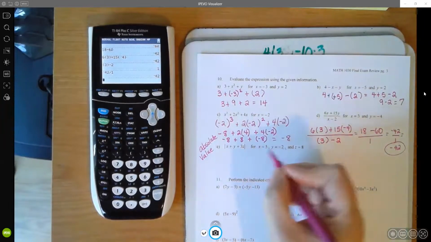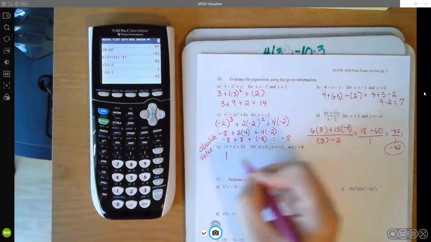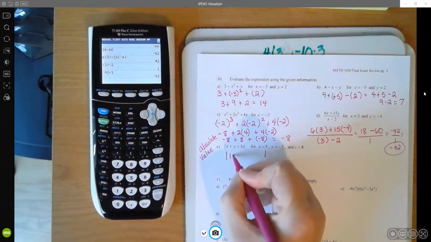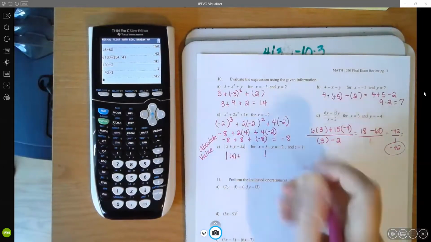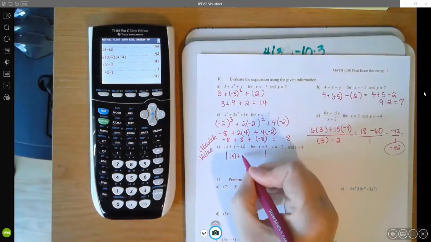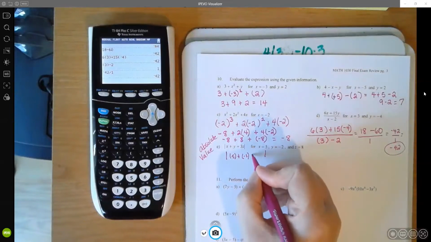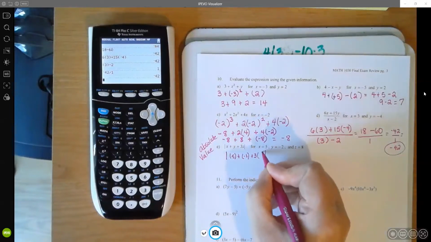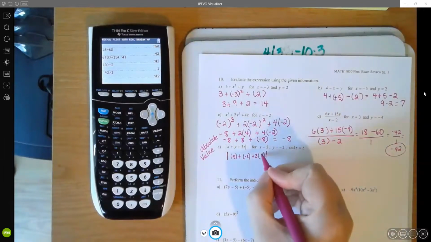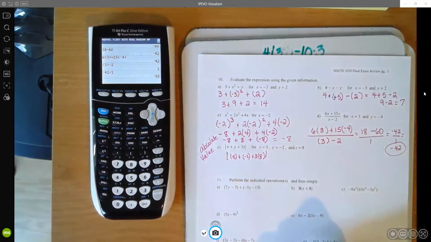So what we would do here is that would be the absolute value of your x, which is 5, plus your y, which is -2, plus 3 times your z, which is 8. So we would do the inside first.